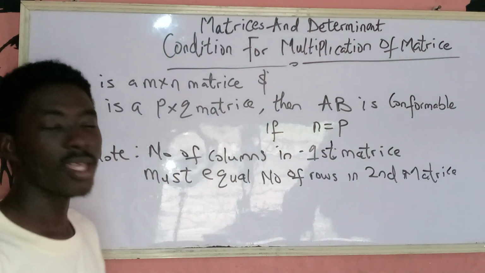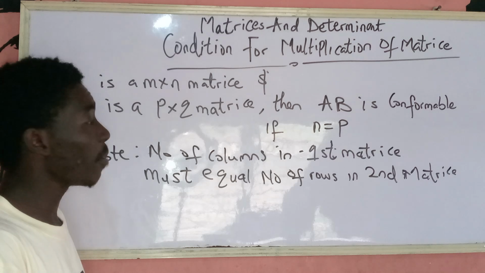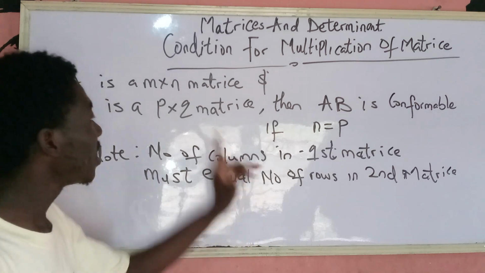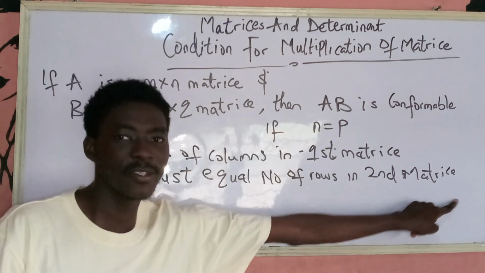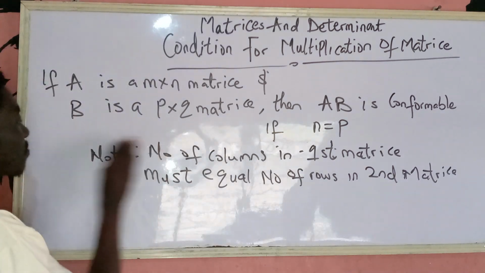That is what is called a conformable multiplication. So a multiplication is possible only when the number of columns in the first matrix is equal to the number of rows in the second matrix. So let's check it out.